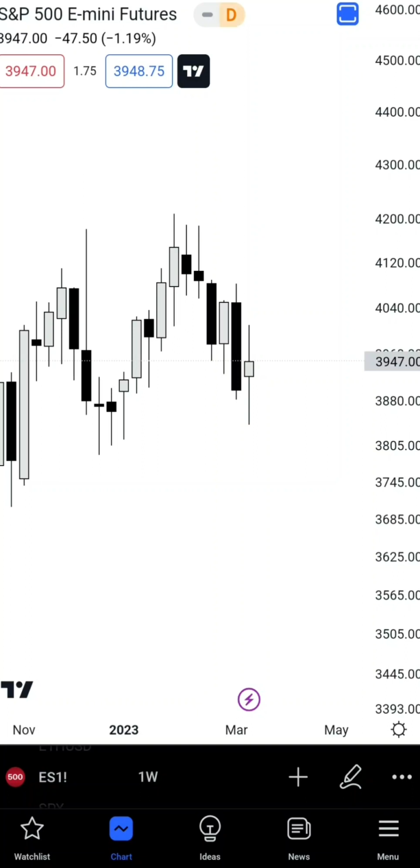Now, as we have been taught, the best way to analyze a chart is not to open the chart and go to the 5-minute, 1 minute, and just look for a market structure shift. Because that's what they do on Twitter, but that's not the ideal way of doing it. The ideal way is as follows.